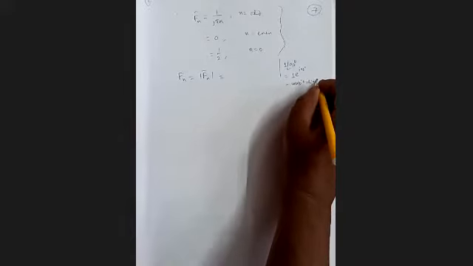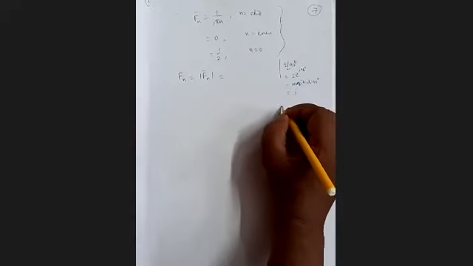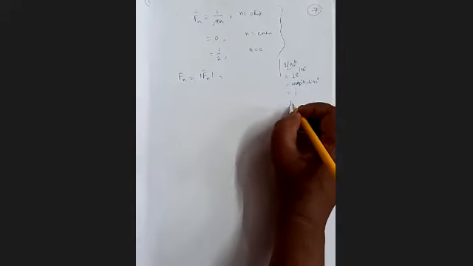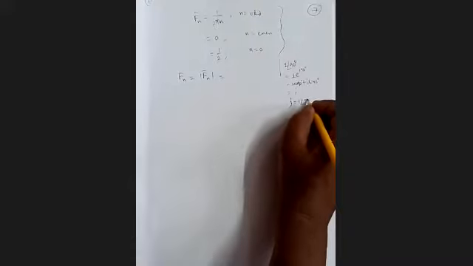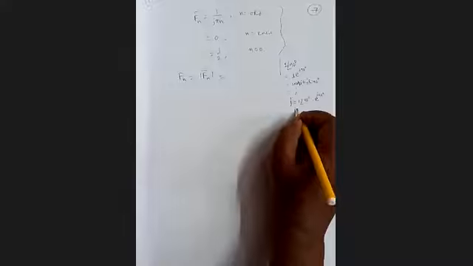So cos 90 plus j sin 90. Cos 90 is 0, sin 90 is 1. So it is j. So j equals 1 angle 90 degree. Therefore, mod of j is 1.